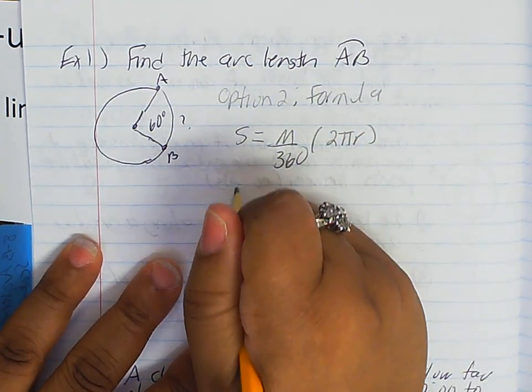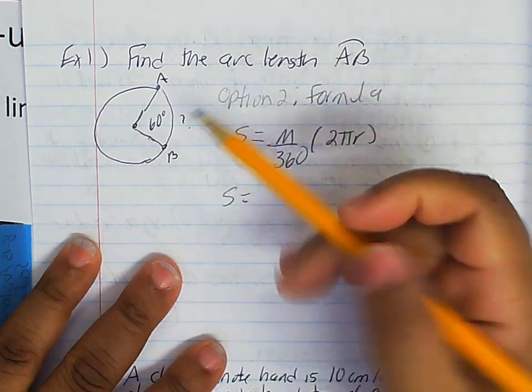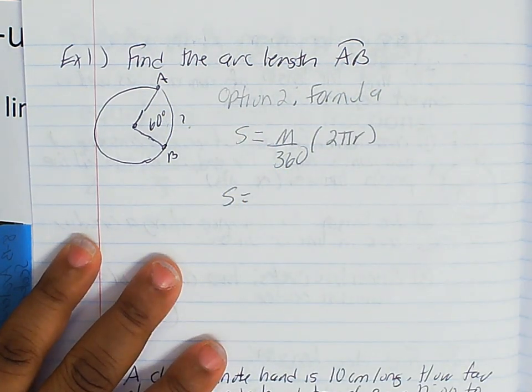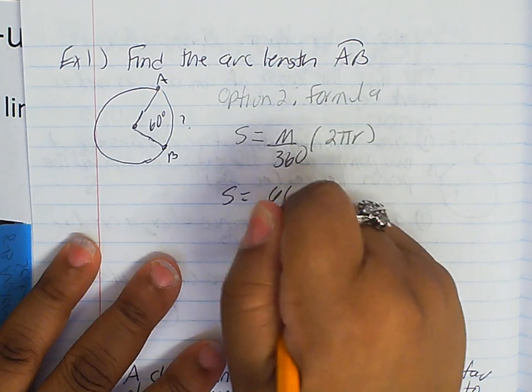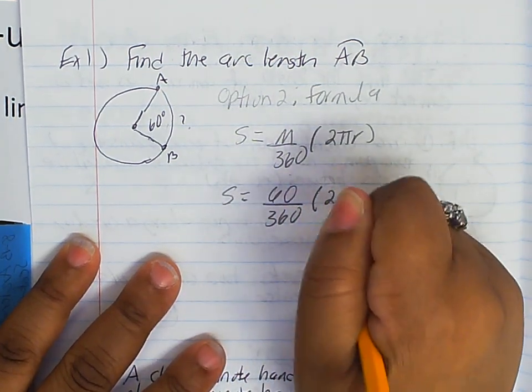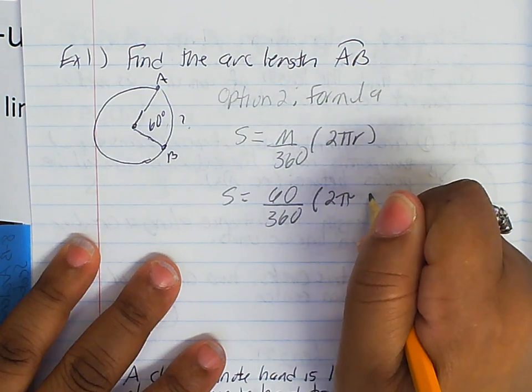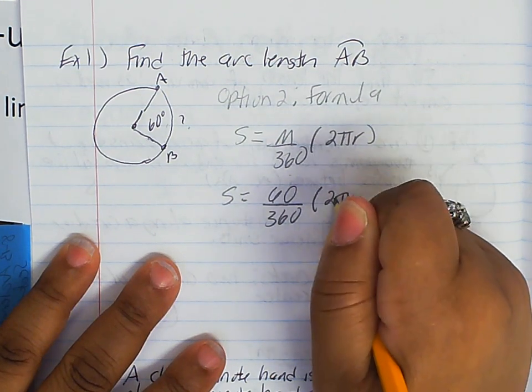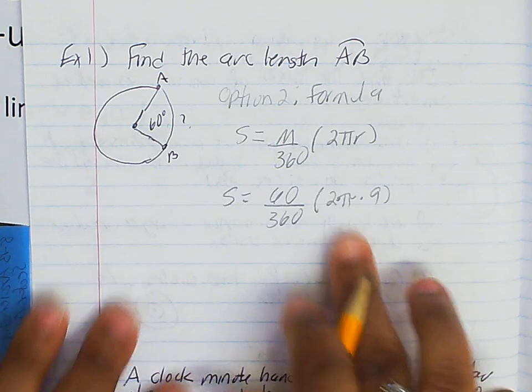Now you're just going to plug stuff in. Our central angle is given, in this case 60, so we don't have to do any conversions. 60 all over 360 times 2 times pi times 9.